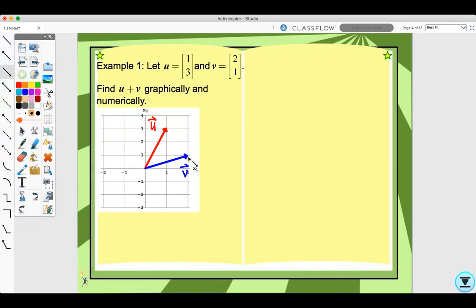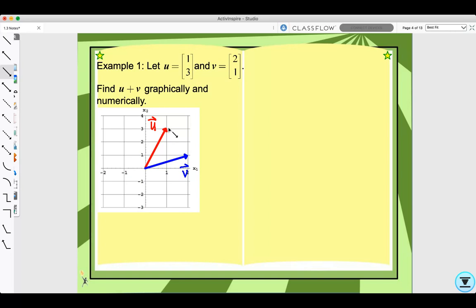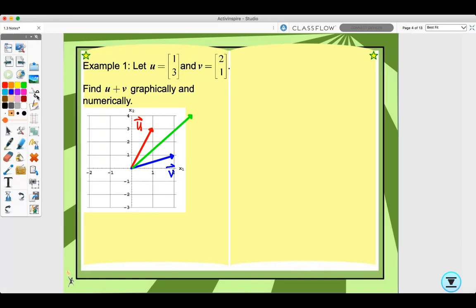u plus v would mean I would attach v on the end of u, or u on the end of v. So it would be somewhere up here. And this would be u plus v.